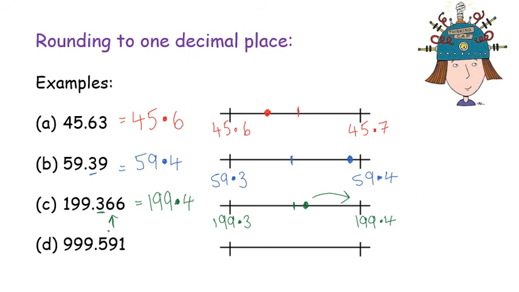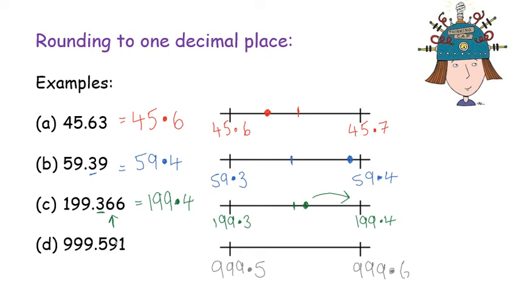And the last example here, 999.591. So we need to decide, is this number going to round to 999.5 or to 999.6? So we need to figure out where this would lie on the number line in between these two decimals that are already at one decimal place.